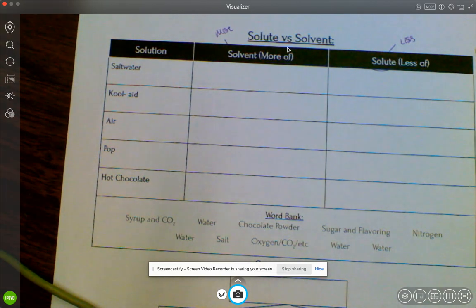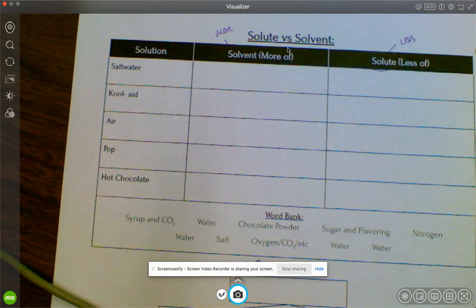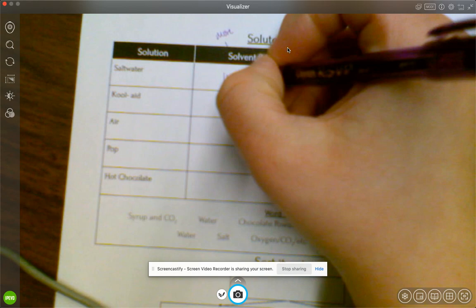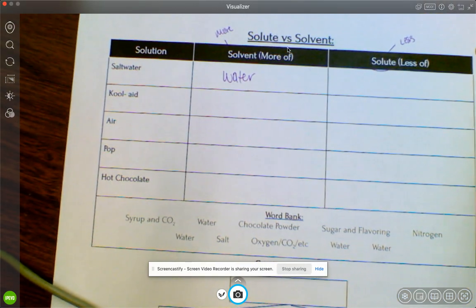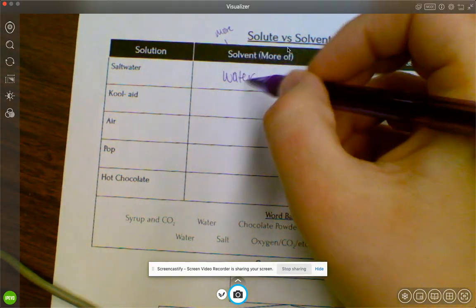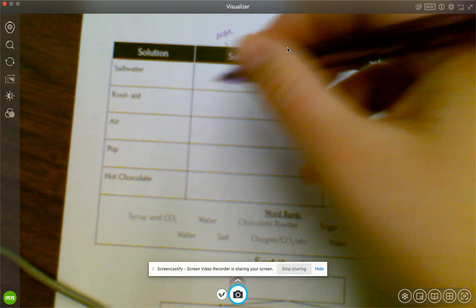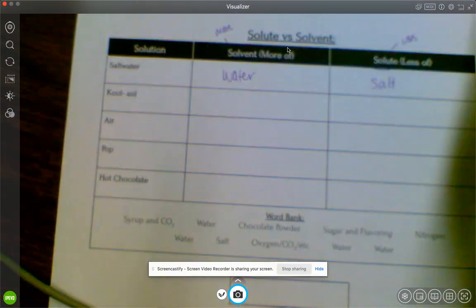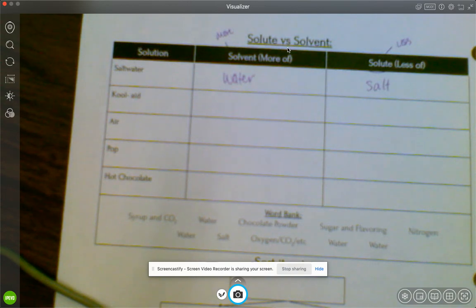I know, you totally didn't see that one coming. So in salt water, what am I going to have more of? I'm going to have more water, because if I have more salt, it's going to be a super thick solution, not able to move around. So I'm going to have more water if it's salt water, and I'm going to have less salt because the salt is dissolved in the water.